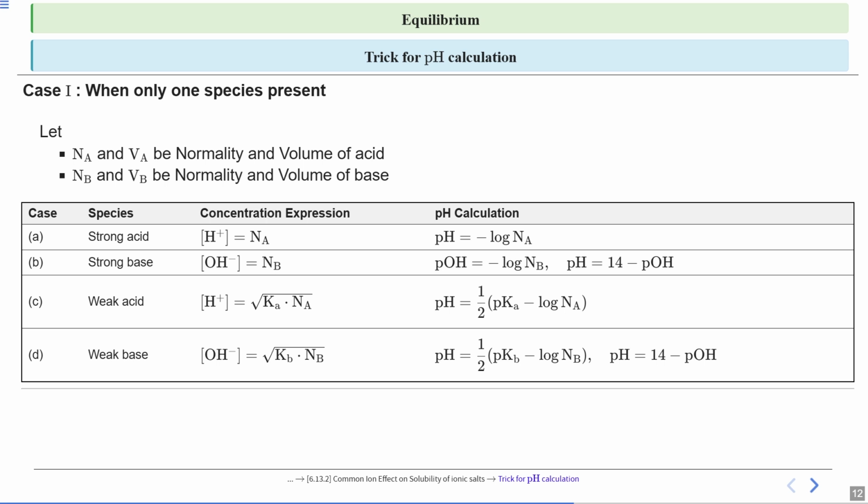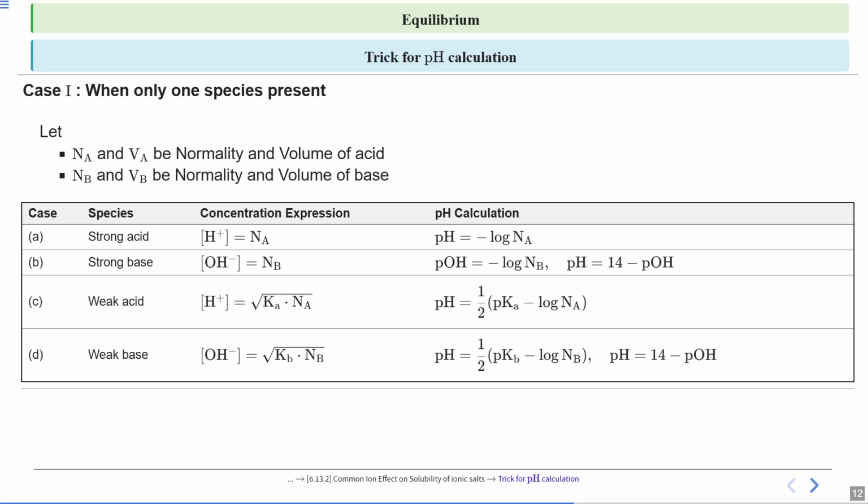Coming on to the third one, we have weak acid. You know the formula for weak acid? It is root under K into C. Now in place of C, we will put the concentration, which is Na, and to calculate the pH, we will take the negative logarithm of this. Now negative logarithm of this root under Ka into Na will give you pKa minus log Na, because negative logarithm of Ka is nothing but pKa, and when we are having a scene where we have a square root, then that power will go to the multiplication part.